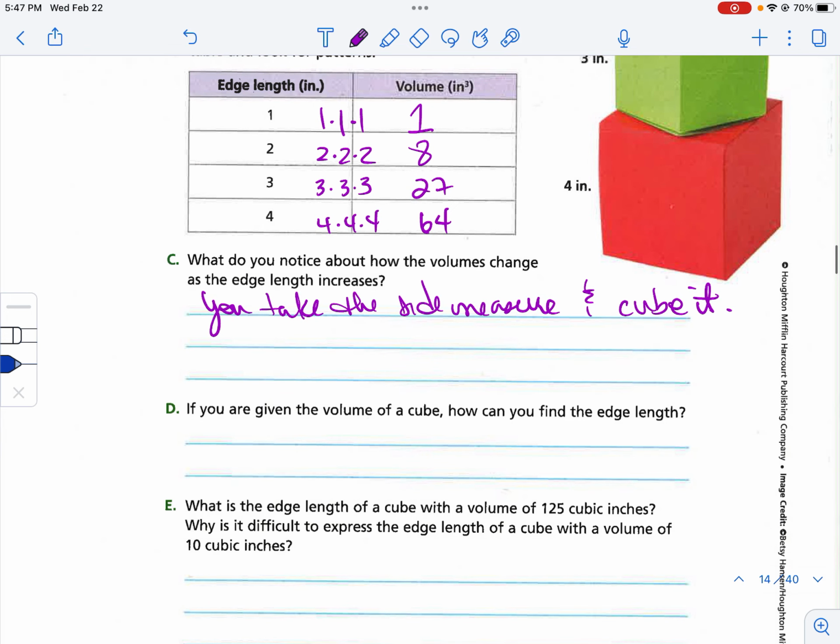If you are given the volume of a cube, how can you find what is multiplied by itself 3 times?